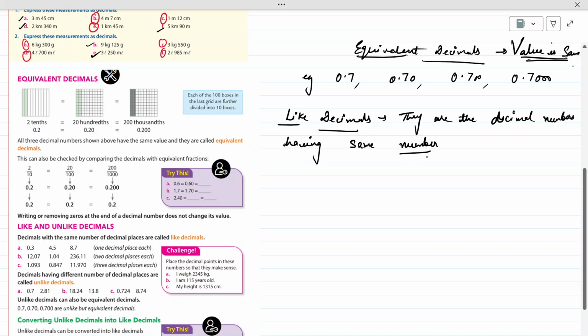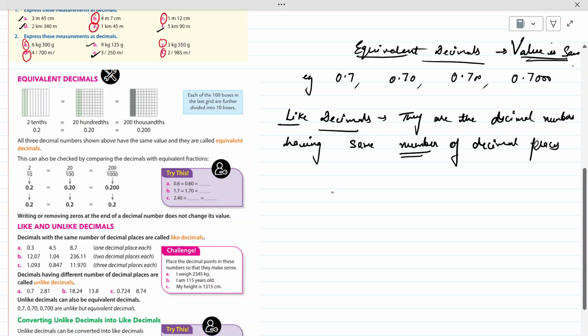Here we are talking about number and not the value. Same number of decimal places. So let us understand what it says. They are decimal numbers having the same number of decimal places.